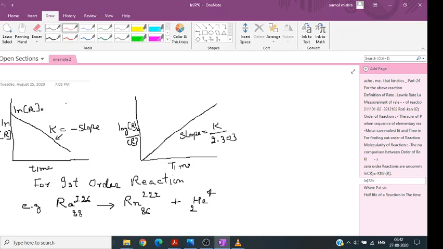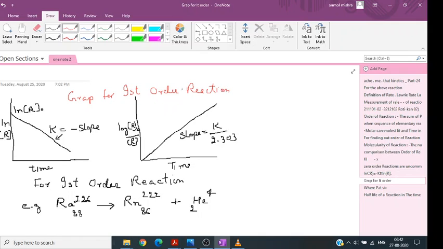Again, to explain first order reaction, the graphs for first order reaction.